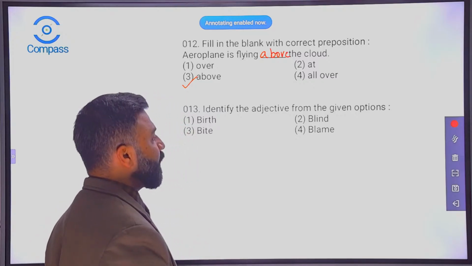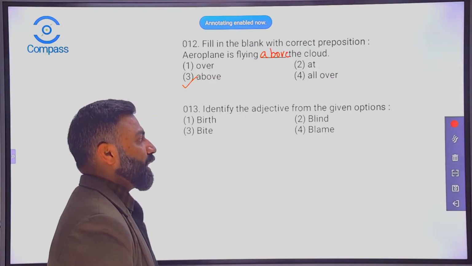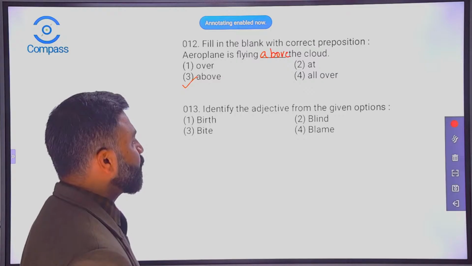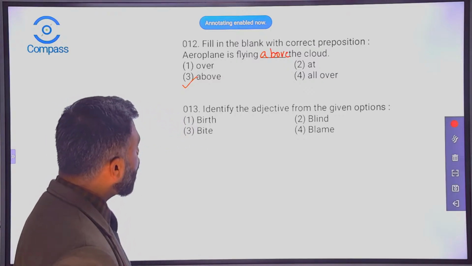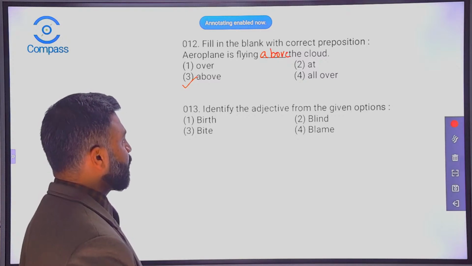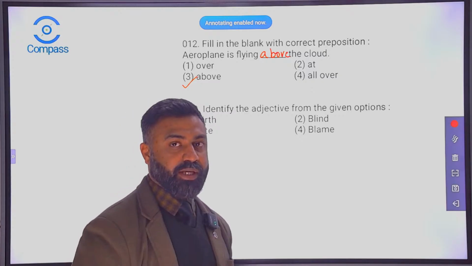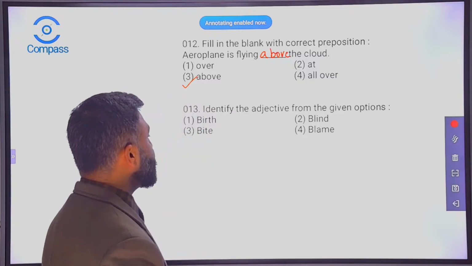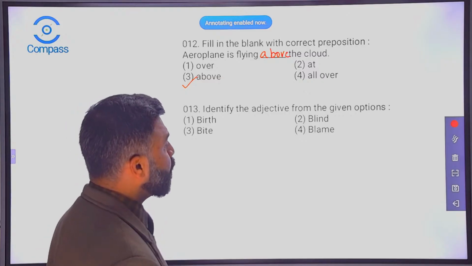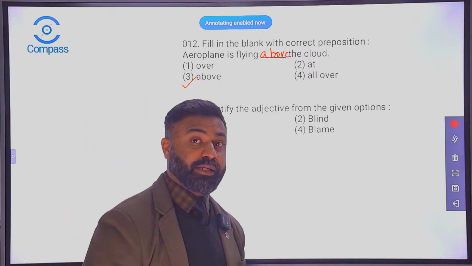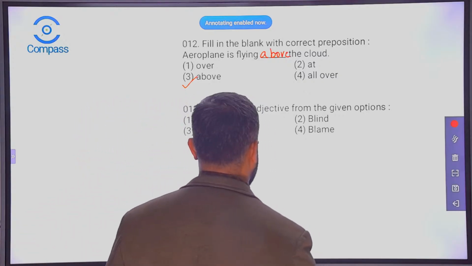Question number 13, we are going to do adjective. Right in the beginning, we had talked about it, but let's see. Identify the adjective from the given options. Okay, so birth, no. Birth is not. Okay, it's a noun. Bite, bite is a verb. What about blame? Blame, again, it is a verb. Okay, but blind, okay.